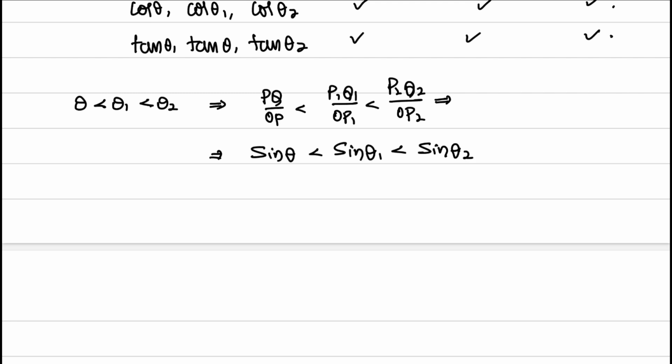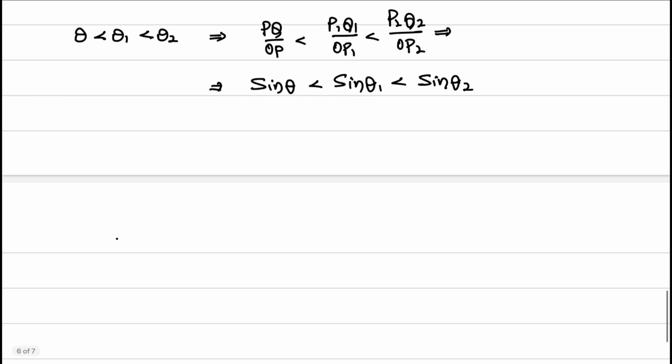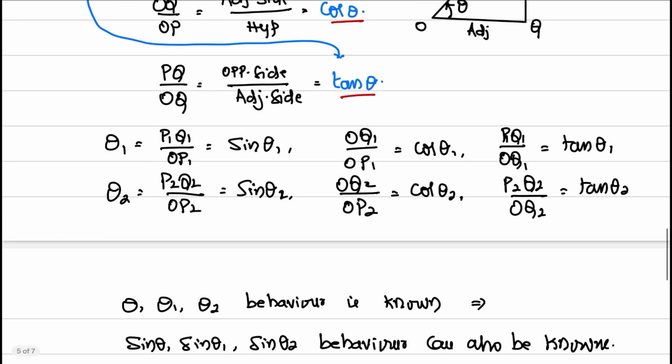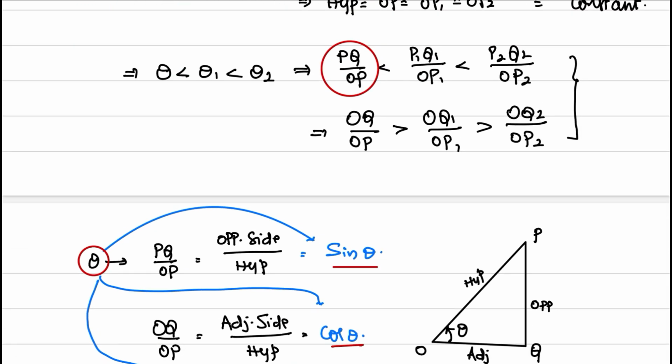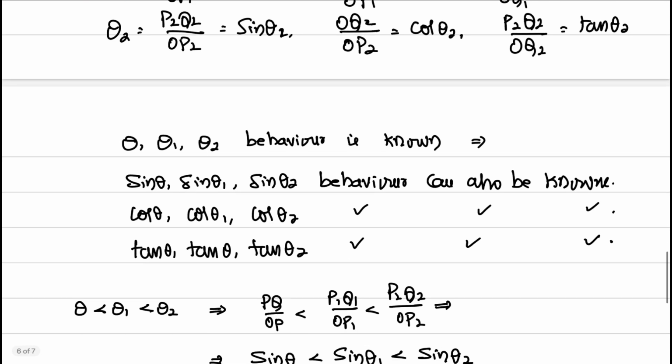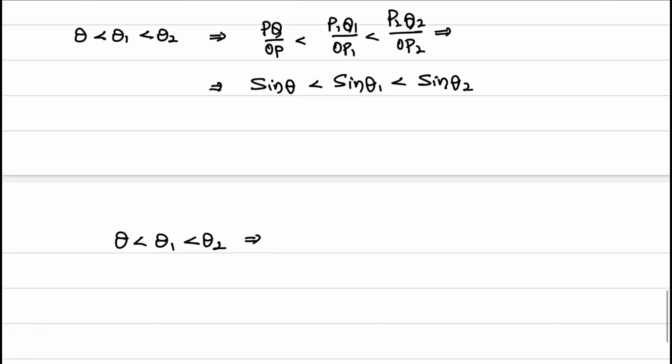Are you able to understand? Similarly, theta is less than theta 1 is less than theta 2. That implies OQ by OP, OQ1 by OP1, OQ2 by OP2.